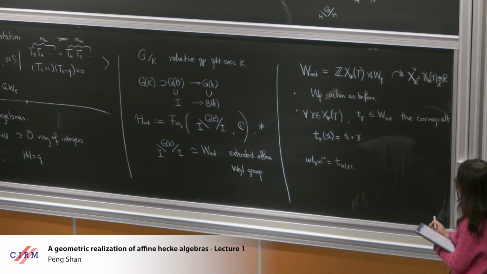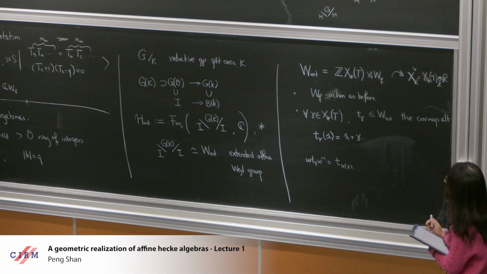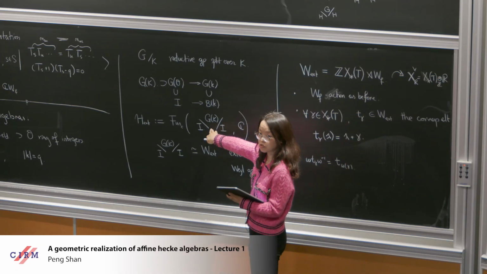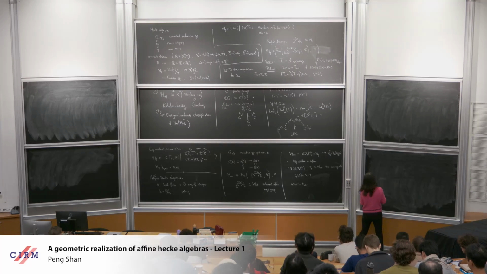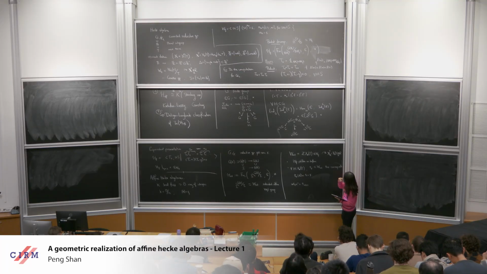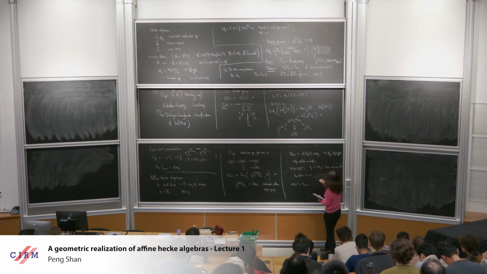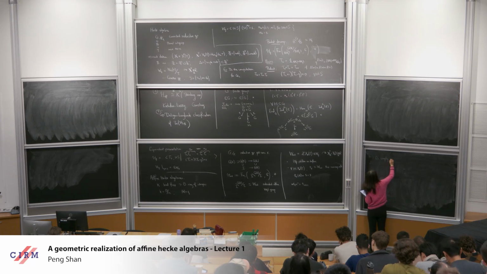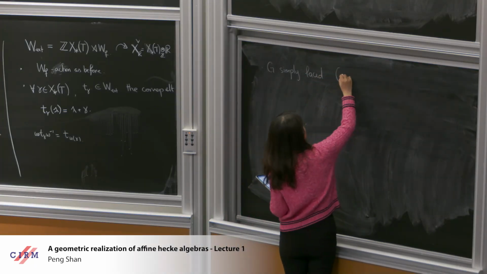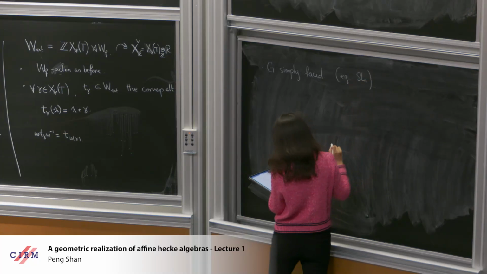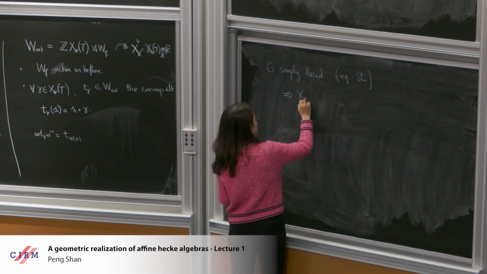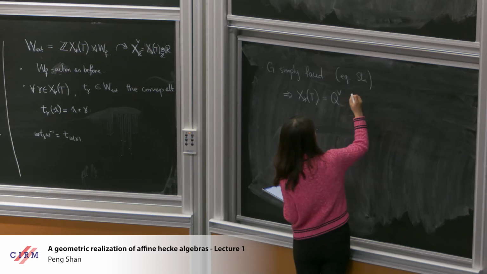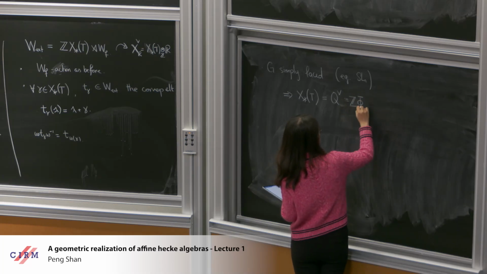I want to emphasize that this affine Hecke algebra depends on the choice of your group G, because this lattice depends on G. If G is simply connected, for example SL_N, then this cocharacter lattice is identified with the coroot lattice for SL_N, spanned by the coroots.